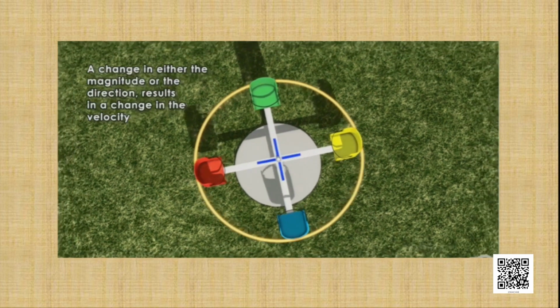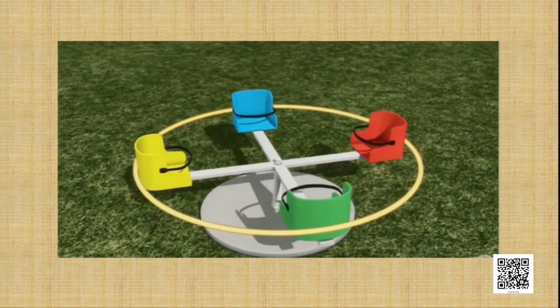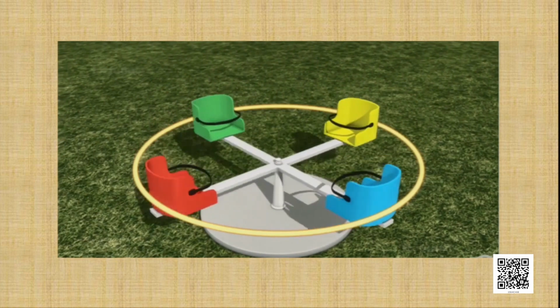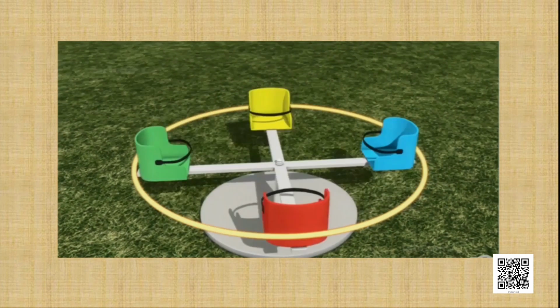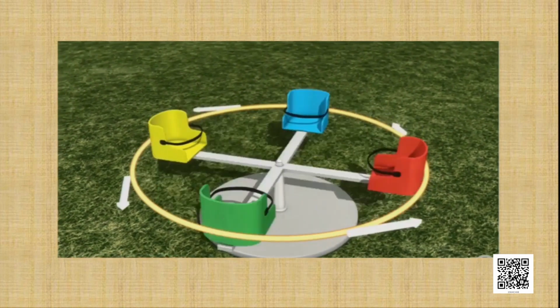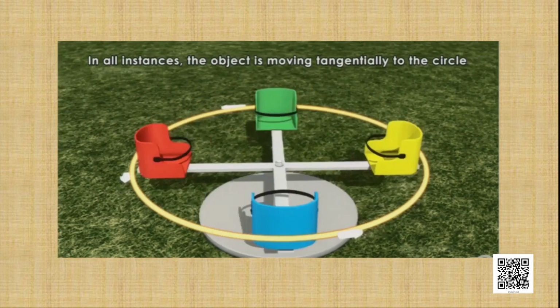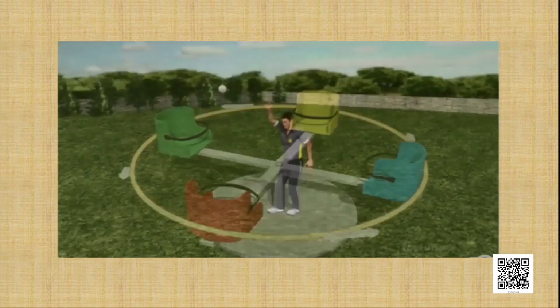A change in either the magnitude or the direction results in a change in the velocity. Therefore, an object moving in a circle at a constant speed shows acceleration because the direction of the velocity vector is changing. In all instances, the object is moving tangentially to the circle.